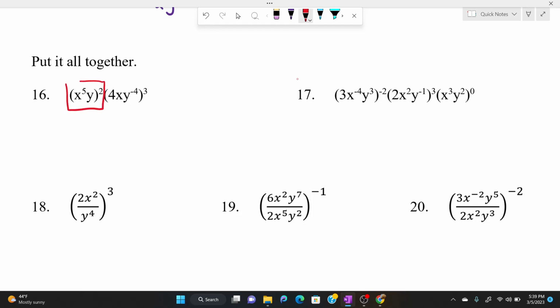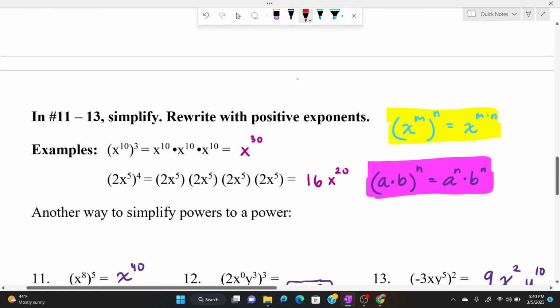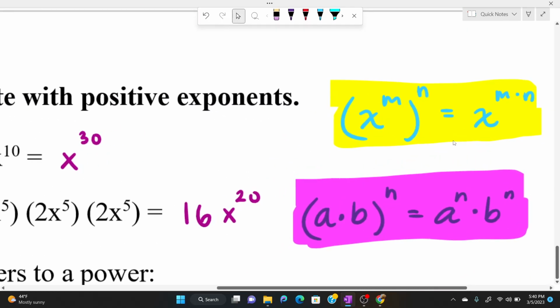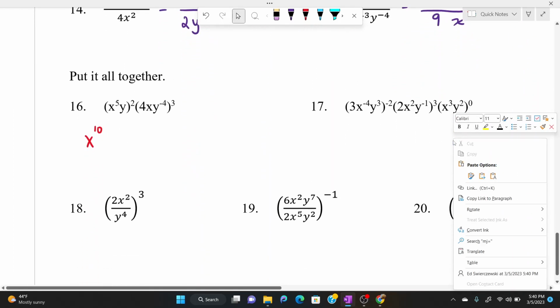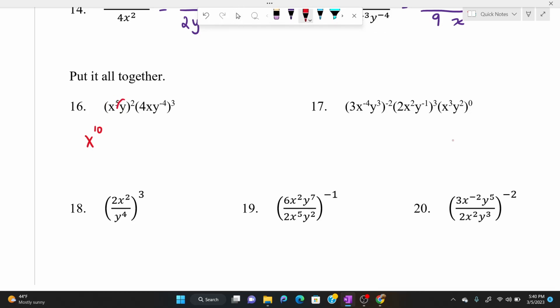Let's deal with this part first. So it's going to be x to the 10th. I'm using a combination of these two rules up here. I'm applying this square to both this factor and y.